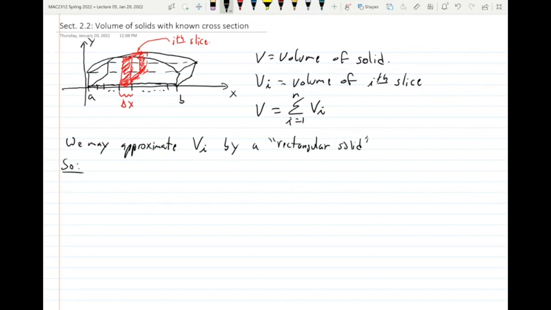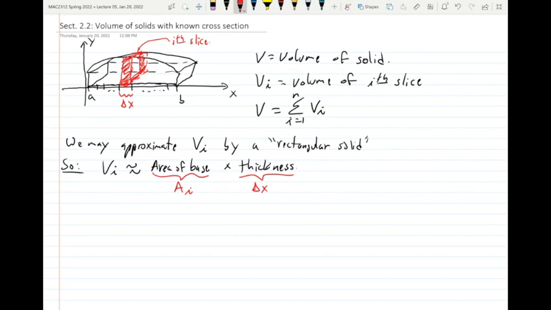Okay, so the point is that this volume can be approximated by the formula area of the base times the thickness. Now, this area of the base, let's give it a name. I'm going to call this A_i, and the thickness we're calling delta x.